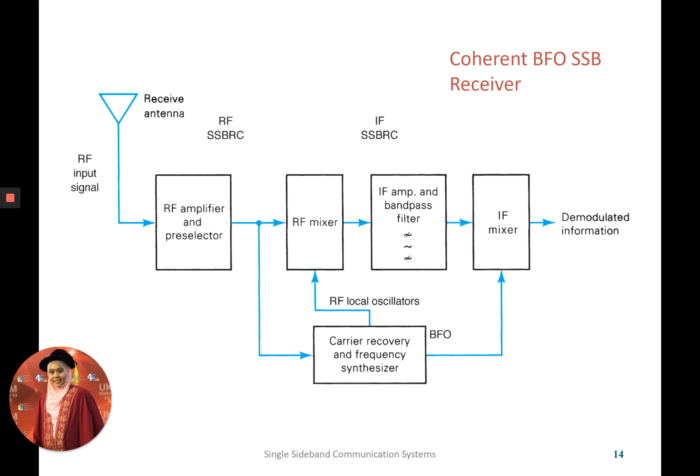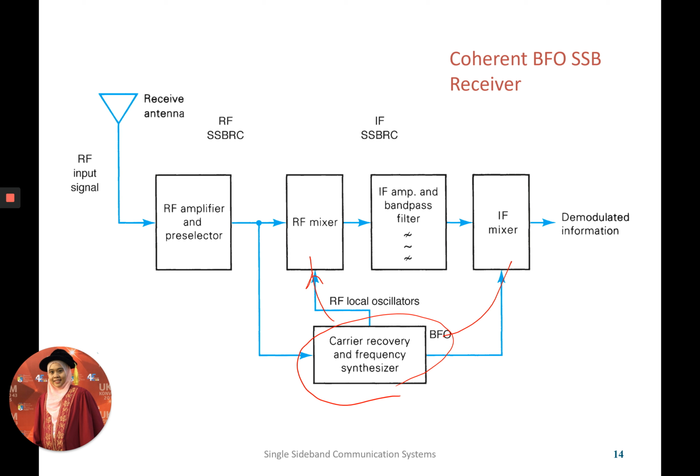We call it the carrier recovery and frequency synthesizer. This will give the frequency of the RF LO as well as the BFO to the IF and RF mixers. So this is how we design the receiver.